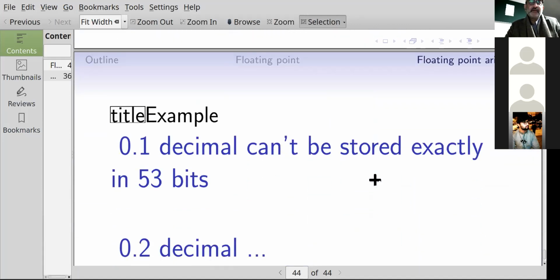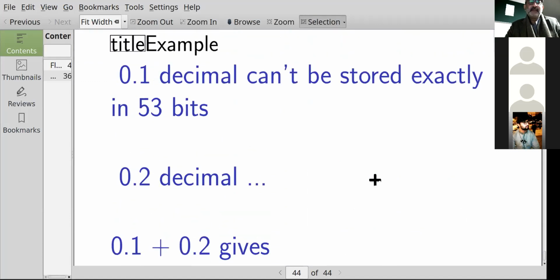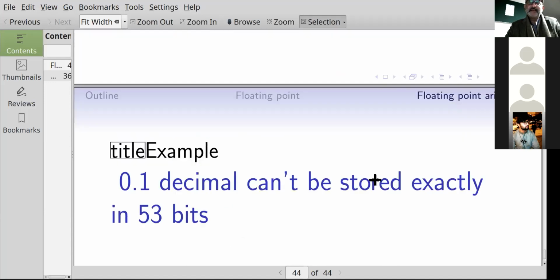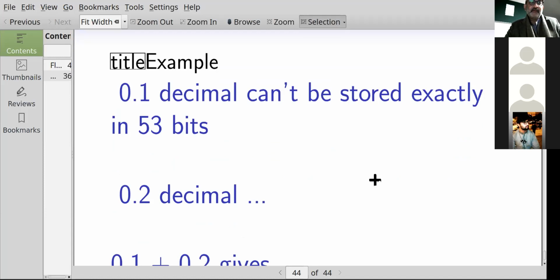As an example of something that can't be represented exactly, 0.1, in decimal terms, in base 10, can't be represented exactly in 53 bits.